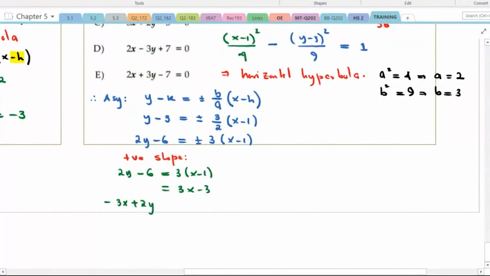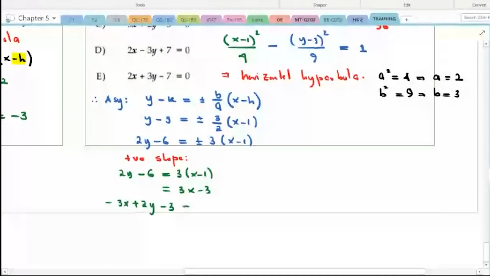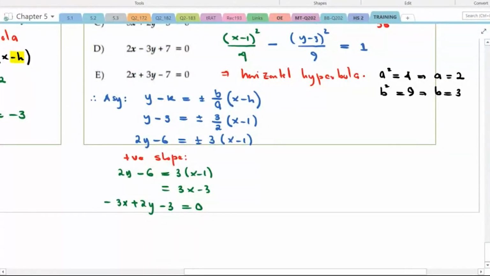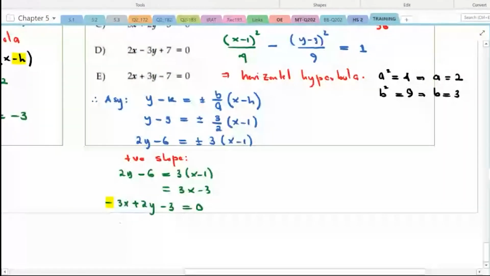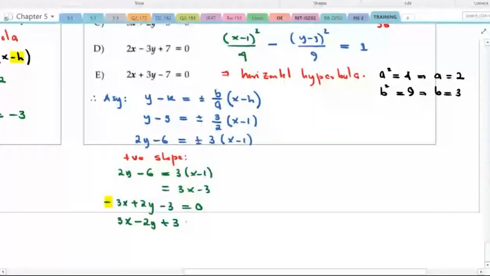And gentlemen, if I bring the 3 to the other side also, it is going to be equal to minus 3, and that will be equal to 0. Now what do we do? Because the leading coefficient is supposed to be positive, multiply by minus, and we are going to get 3x minus 2y plus 3 equal to 0. Now this is the asymptote with the positive slope.